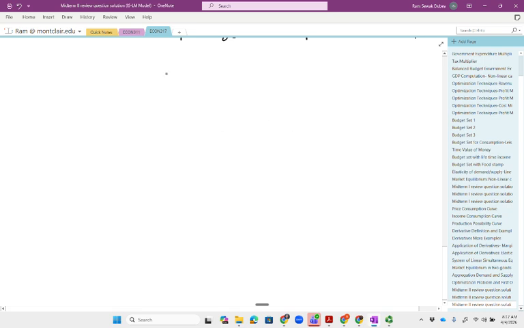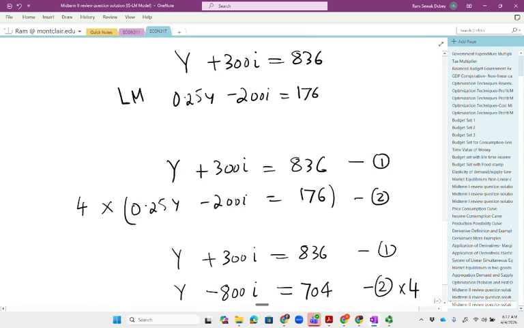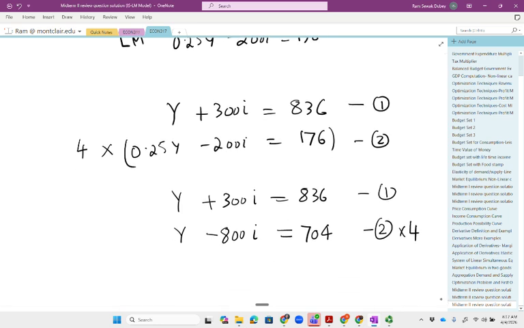Now I can go ahead and subtract this second equation from the first. I change the sign of each term in the second equation and add.